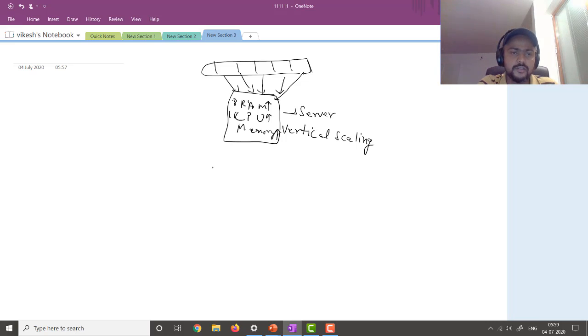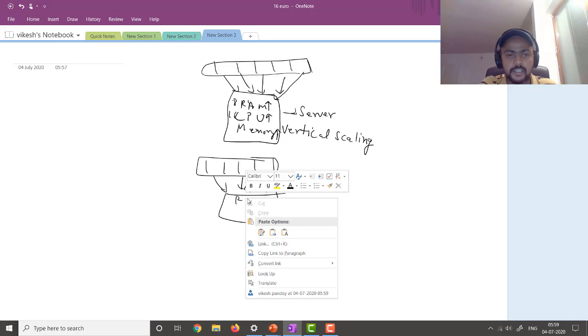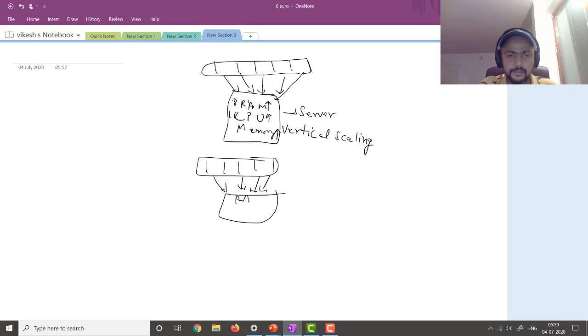Now when we talk about horizontal scaling, if you take the same scenario that you have multiple clients who are hitting your server with multiple requests coming in, and if we imagine the same server which we had in the previous example, so it has some CPU, some RAM, some memory, right? And now the machine can't cope up with the traffic.